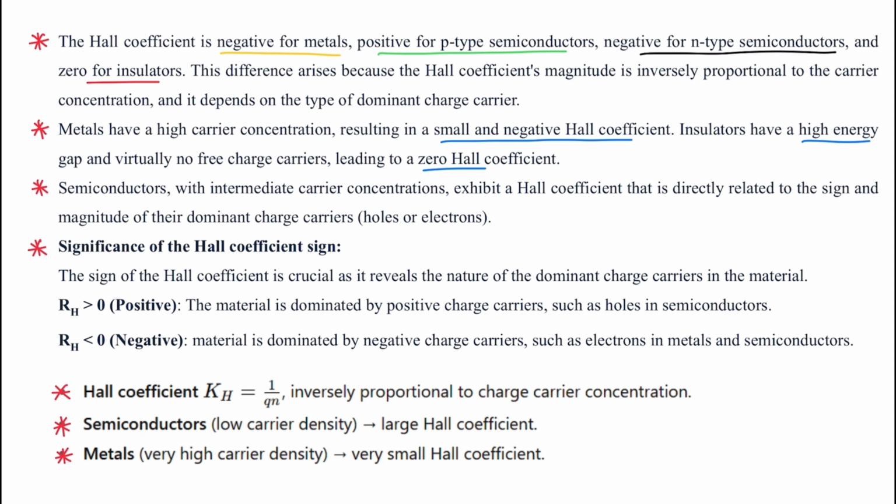Whereas semiconductors with intermediate carrier concentration exhibit Hall coefficient that is directly related to the sign and magnitude of their dominant charge carriers, that is holes and electrons. A material dominated by positive charge carriers such as holes in semiconductors has RH greater than 0, and RH is less than 0, negative, for electrons in metals and semiconductors.